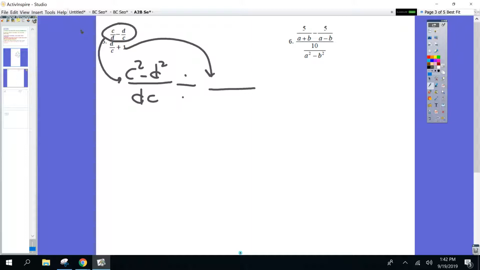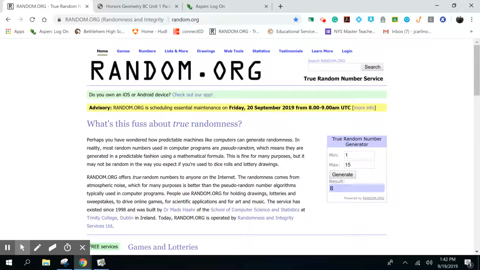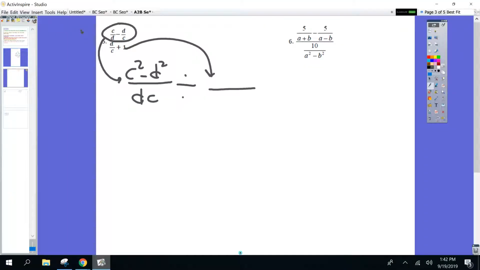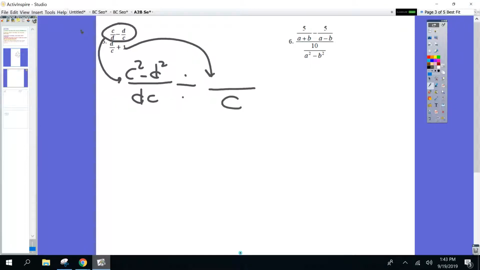D over C plus 1. What is my common denominator? D over C plus 1. Common denominator. 8. C. One. D, because I didn't have to multiply by anything.